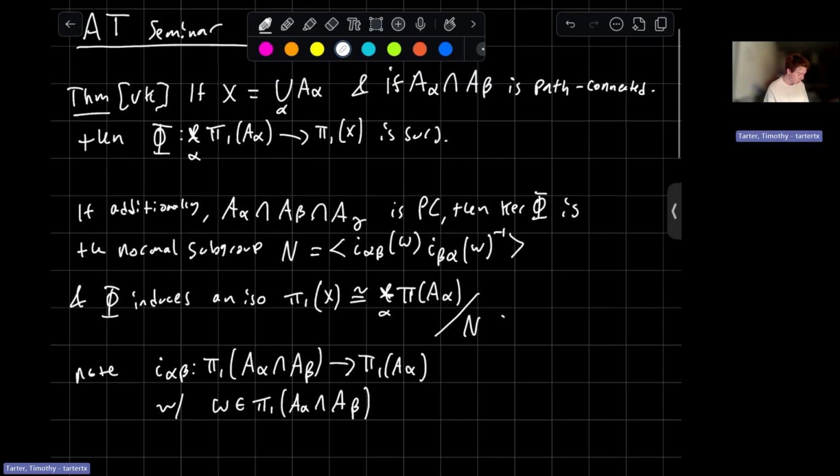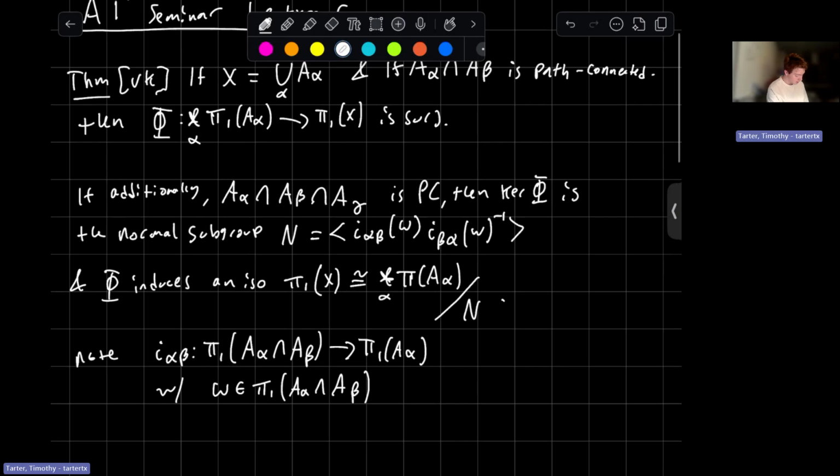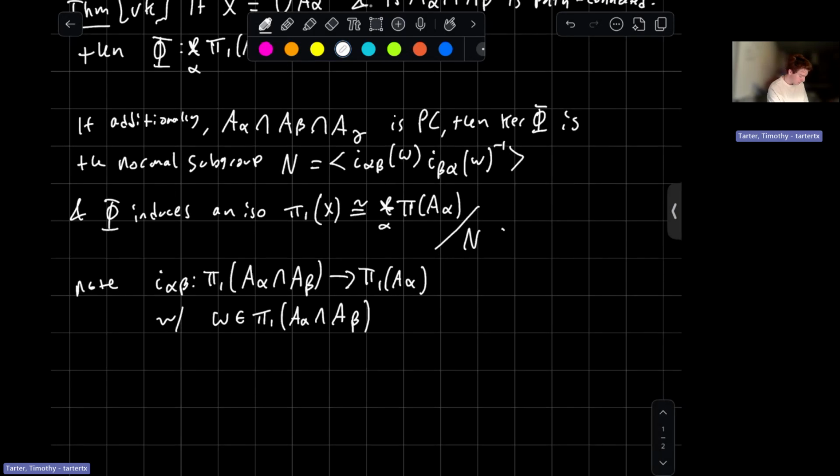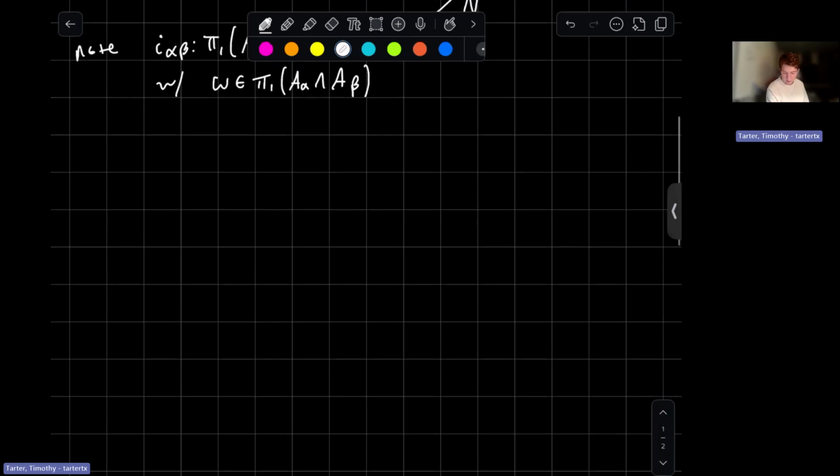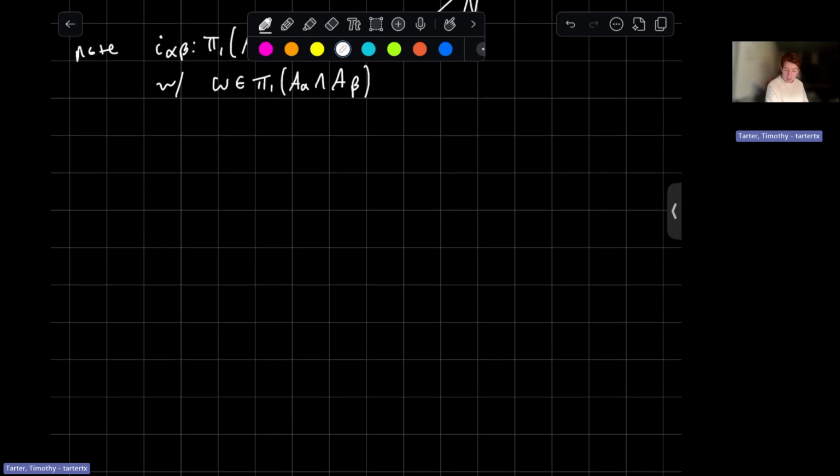And that if we had a triple covering, the kernel was generated by this inclusion mapping, or rather the normal subgroup generated by it, and we could get an isomorphism out of the first isomorphism theorem.